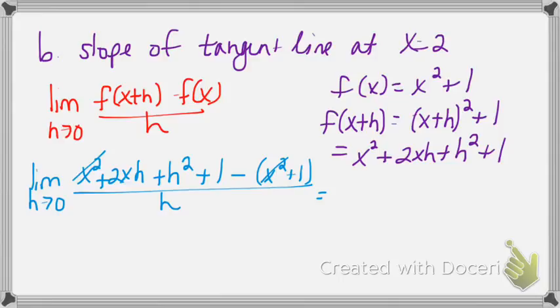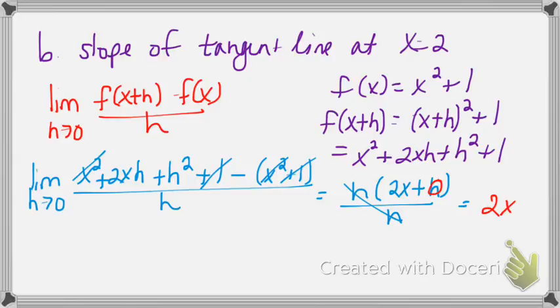That's a minus, so it's x squared minus x squared. 1 minus 1, that will go away. So I can factor out an h on top. I'm left with 2x plus h. Plug your 0 in for h, so we get 2x. 2x represents the formula for the derivative. This represents f prime of x.